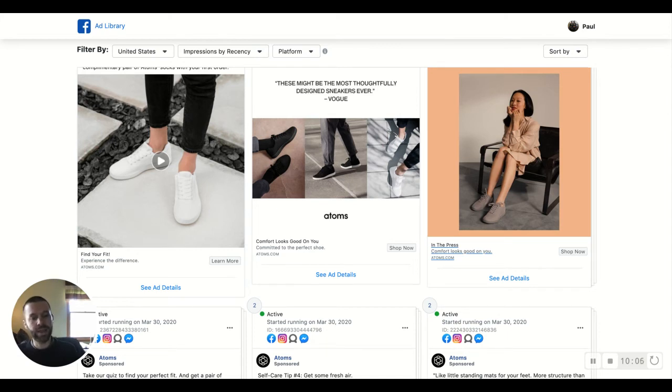Again, when you're thinking about doing digital marketing and online advertising, you want to have the funnel as short as possible, and you want to reduce friction to get your potential customers to convert and to take the action that you want. In this case, they're trying to sell shoes, so it's a very simple ad to a specific product page, right?